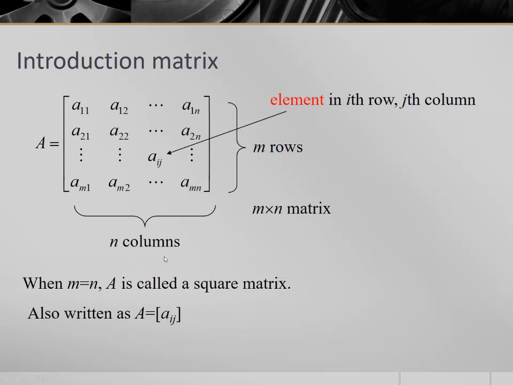Also, for the non-square, we can write Aij, but sometimes for the non-square we put the m by n here. For example, you can write A equals curly Ij. Sometimes if you want to label the sides, you can put the sides here.